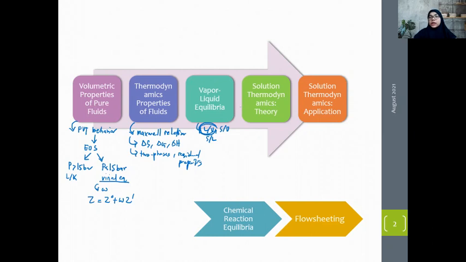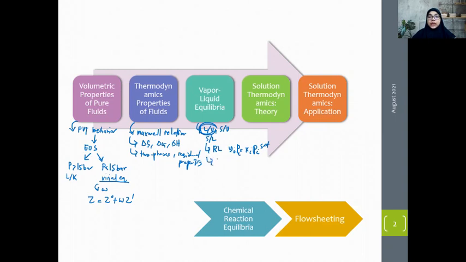In solving problems related to vapor-liquid equilibria, we learned about four types of models in this topic, the first being Raoult's law. For Raoult's law, we have P_i saturation, and the liquid and also the vapor phase are in ideal condition.